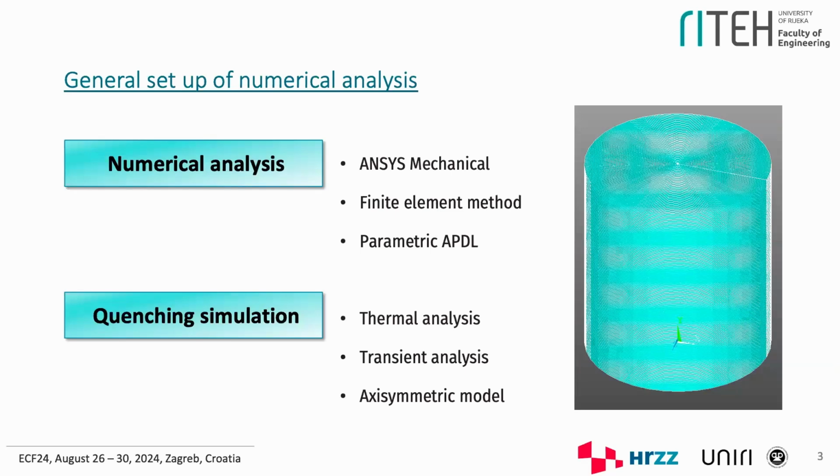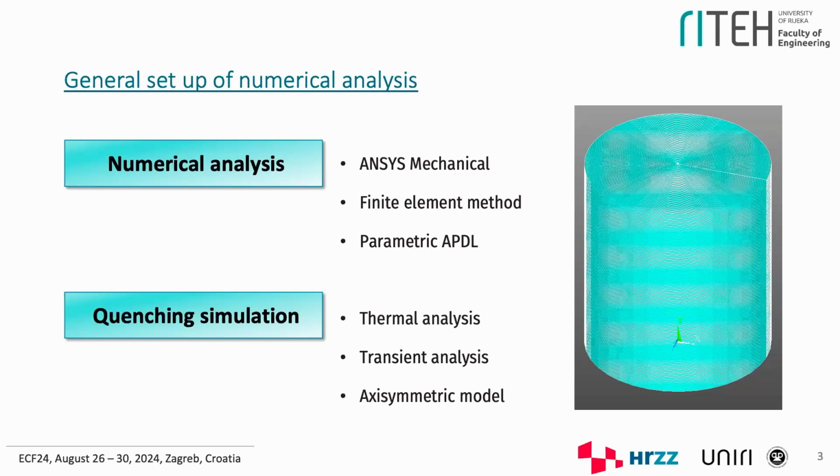Just a general setup: we used ANSYS Mechanical, so the finite element method was used. I developed a parametric APDL code that is able to adjust for different sizes of geometries and different steel properties. As we are simulating quenching, this is by all means a thermal transient analysis.